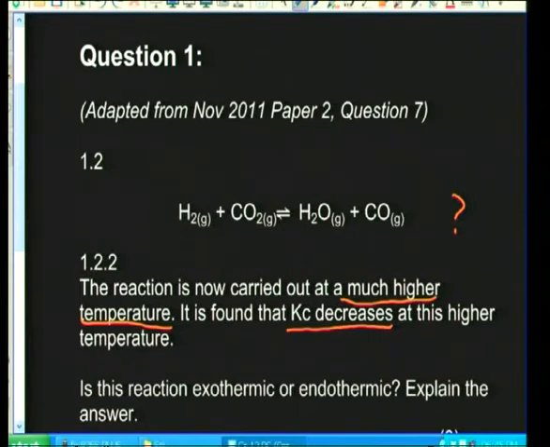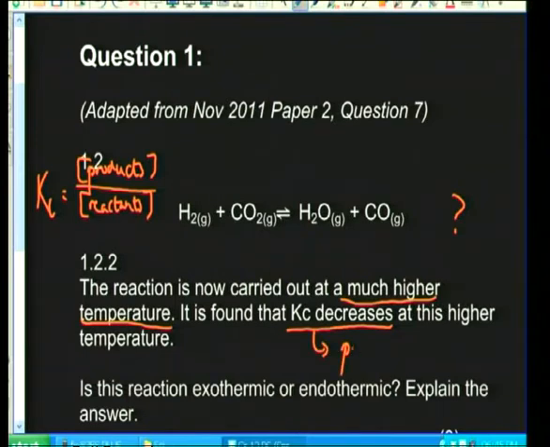The Kc value, remember, is the value of a ratio of the concentration of products divided by the concentration of reactants. If this value decreases, what does that tell you immediately? Well, it tells me that products are becoming less.